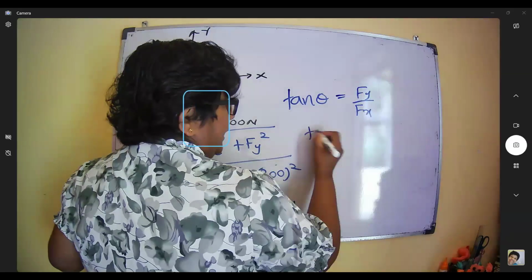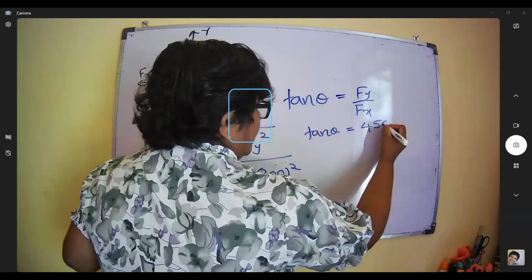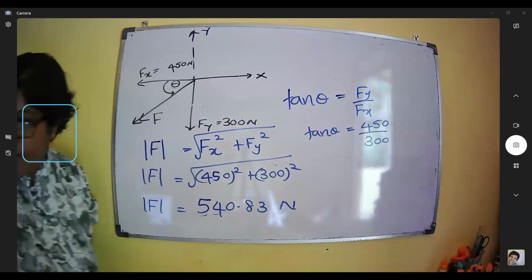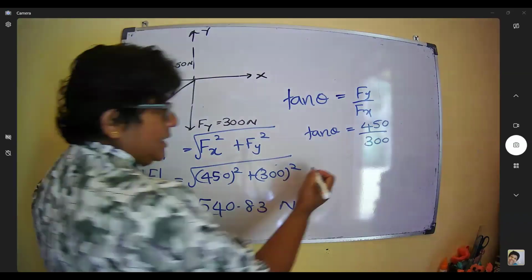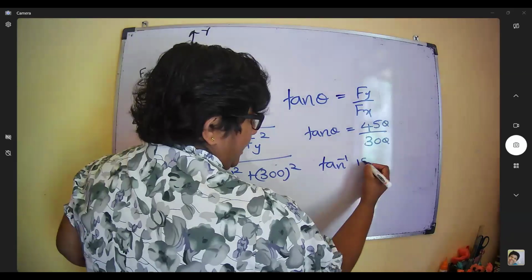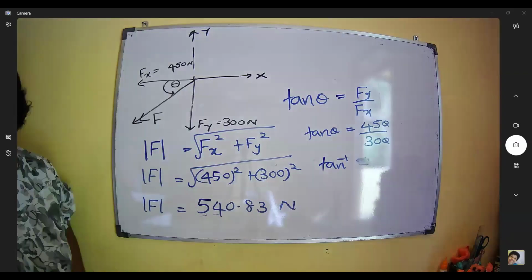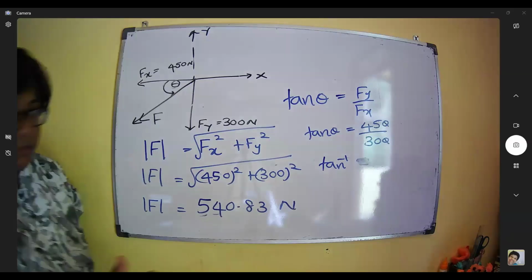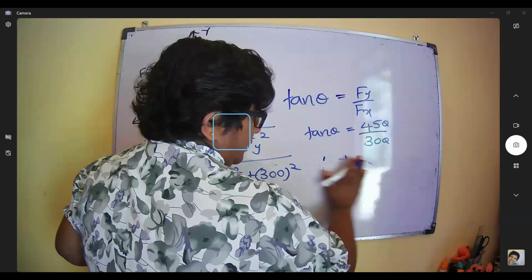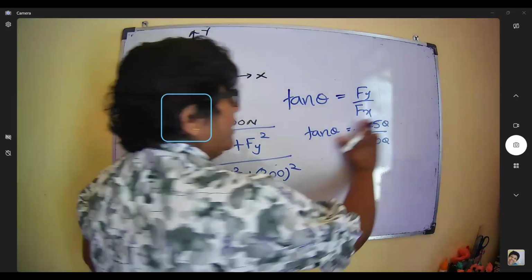Then tan theta equals, what is the Fy? 450 Newton divided by 300. Theta is equal to tan inverse of 0.667 something, right?